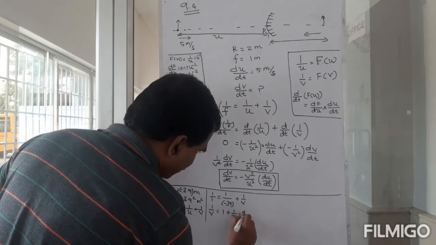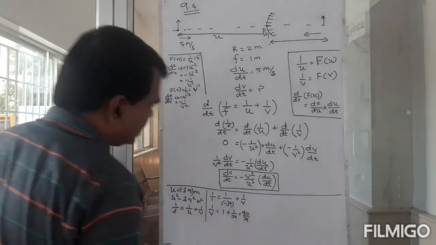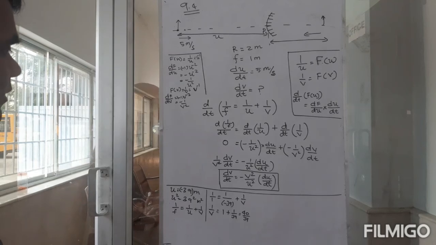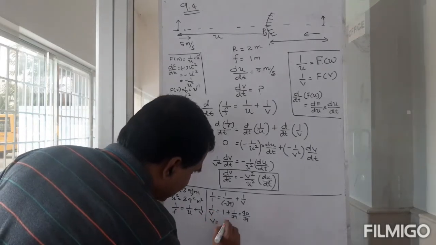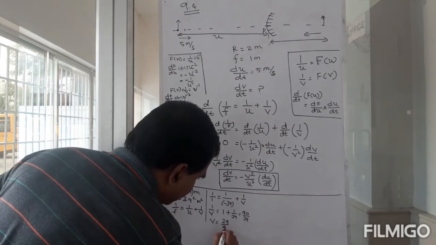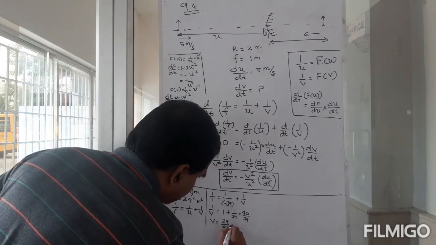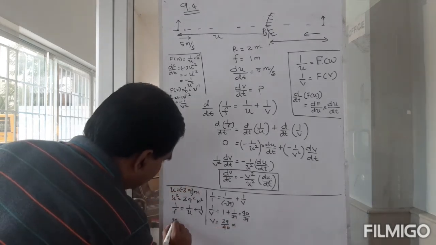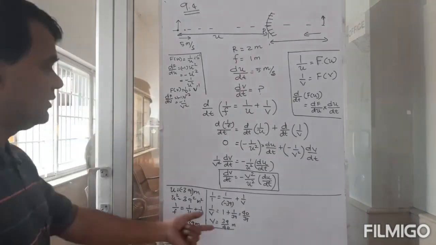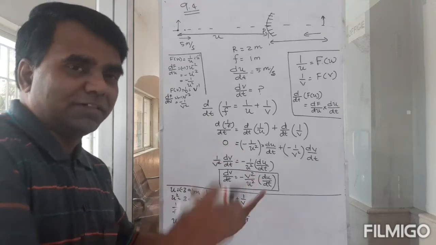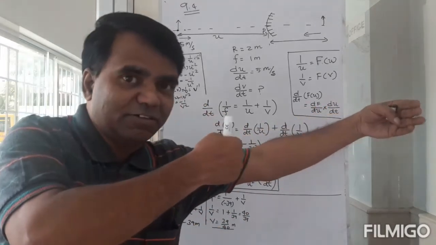That gives you 40 by 39. That's your 1 by v. So v is equal to 39 by 40. So when u is minus 39 meters, v is 39 by 40, roughly 1 meter, distance inside the mirror.